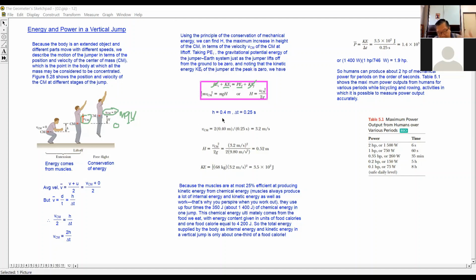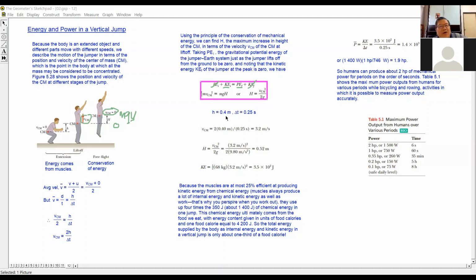Now from experience, for the average person, the height from the bending position until the straightening position, the motion of the center of gravity, is 0.4 meters. It may be, I don't know, this one is not Asian size, probably European or American, they are bigger in size.